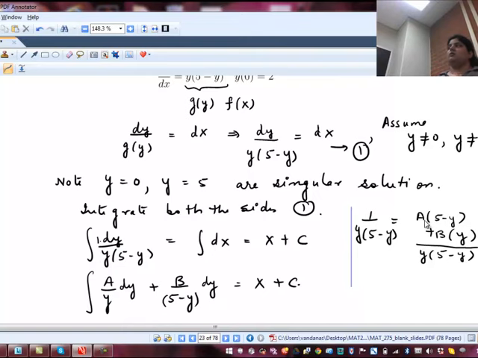Now that means denominators are the same, so 1 has to be equal to a times 5 minus y plus b times y.